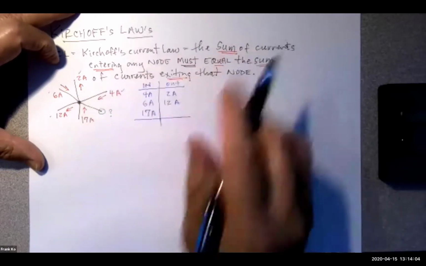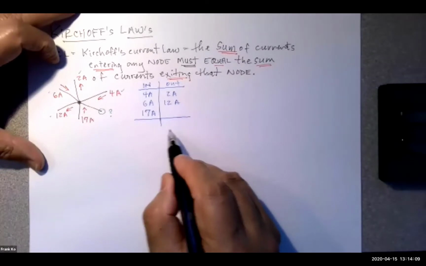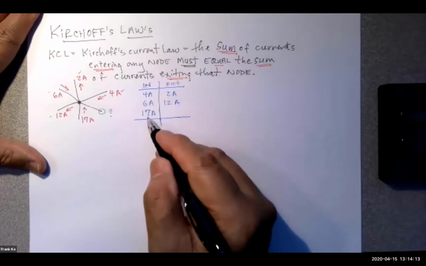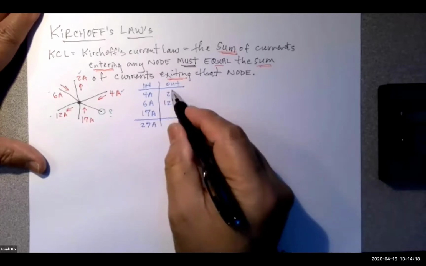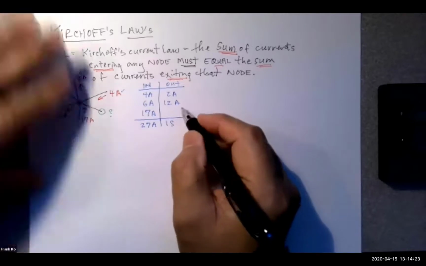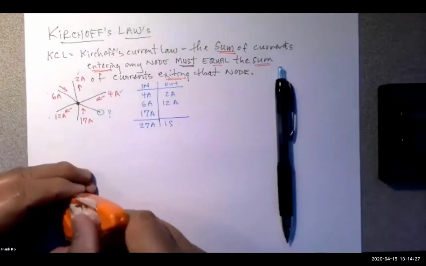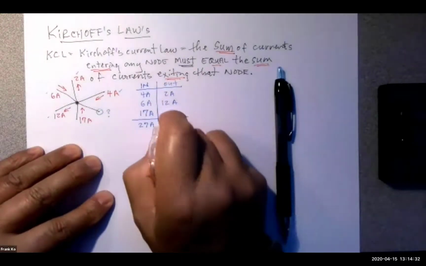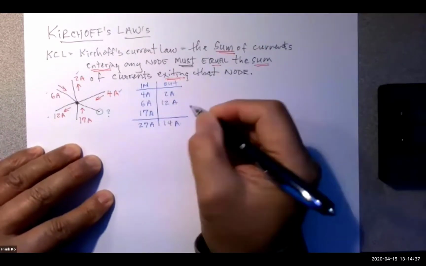And according to Kirchhoff, this total here must equal this total here, because the sum of currents coming in has to equal the sum of the currents coming out. So if we go to add this up, we end up with 27 amps here, yes? If we go to add this guy up, we end up with 14 amps on this side.